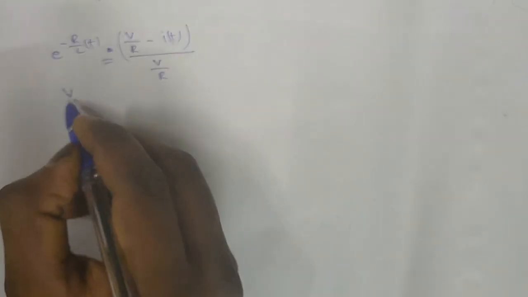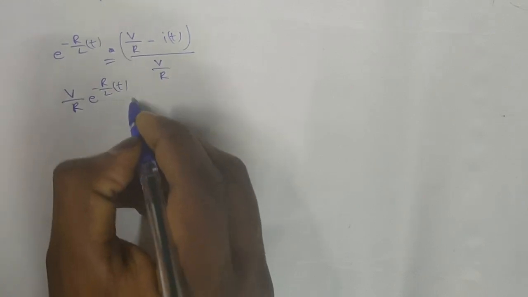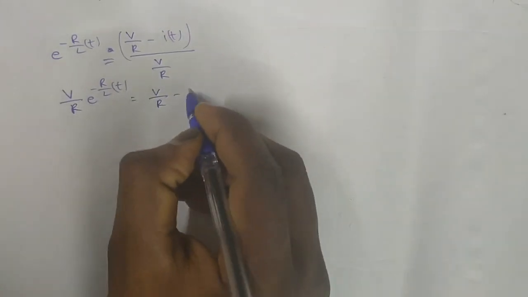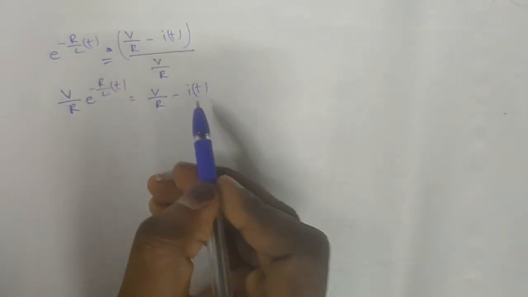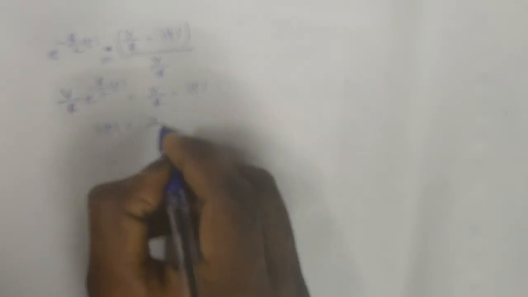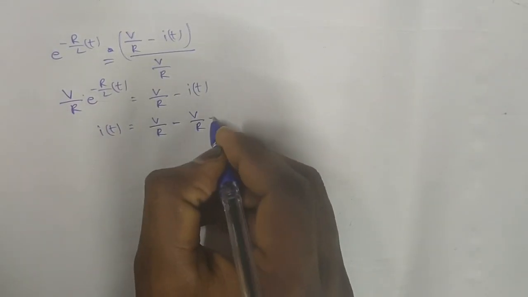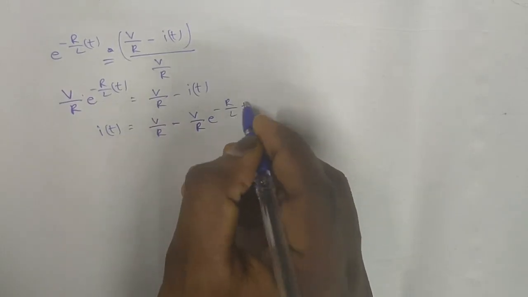So V by R e power minus R by L of t is equal to V by R minus I of t. I of t will be put in the LHS, remaining terms in the RHS. So I of t will be V by R minus V by R e power minus R by L of t.